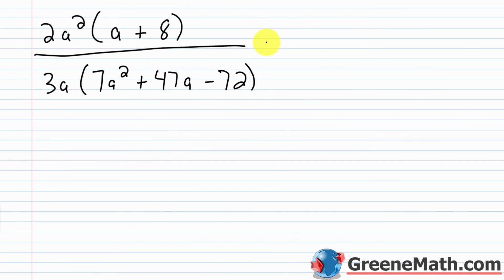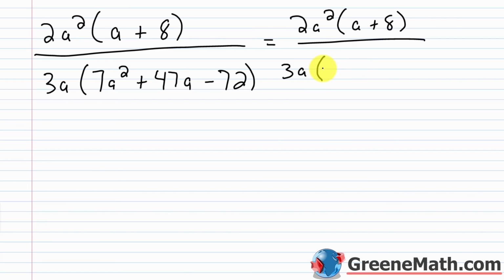And so I'll put this as equal to 2a squared times a plus 8 over 3a times, let me factor this down here, 7a squared plus positive 56a, and then negative 9a, and then minus 72.